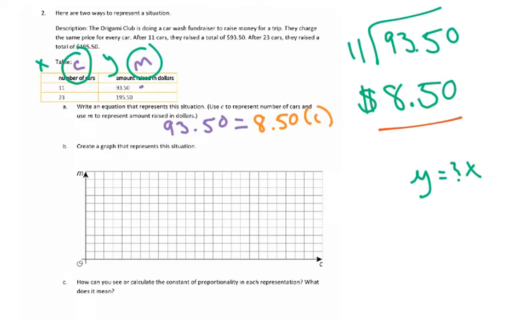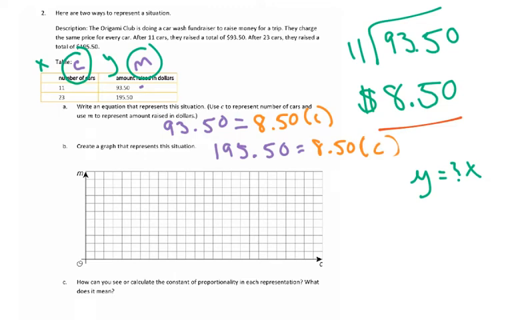And then similarly, with the second numbers, I would be doing the same thing. $195.50 is equal to the cost per car times my C value, number of cars. Now, I would be willing to bet, oops, I meant to put C there, not 23.